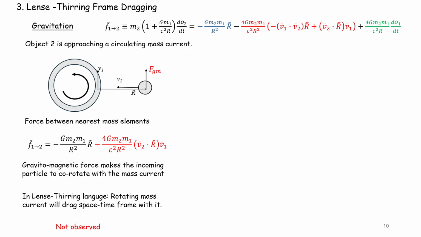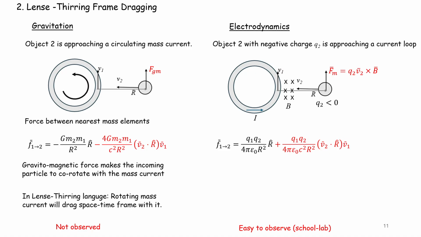However, theoretically, this is interesting because we have the same kind of phenomenon in electrodynamics. So now we will compare with electrodynamics. Then we can use a current carrying loop.